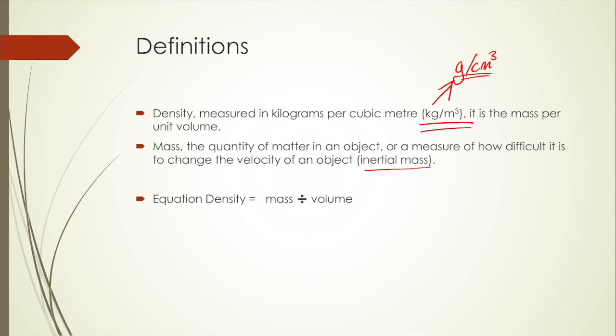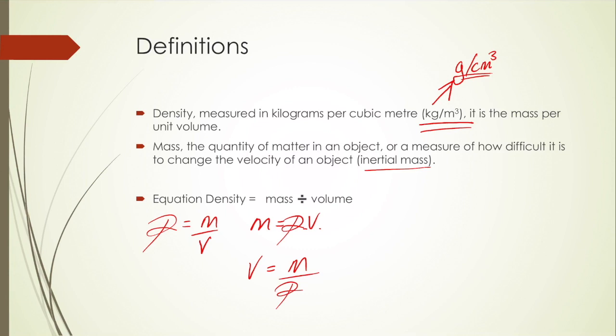I'm going to give you the working in both of these, just so you've got an idea. The equation for density is mass divided by volume, and it's usually given as rho equals m over v, which you can rearrange to mass equals density times volume, or volume equals mass divided by density.